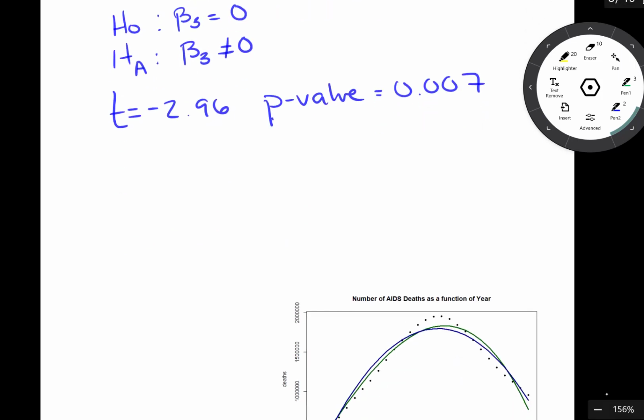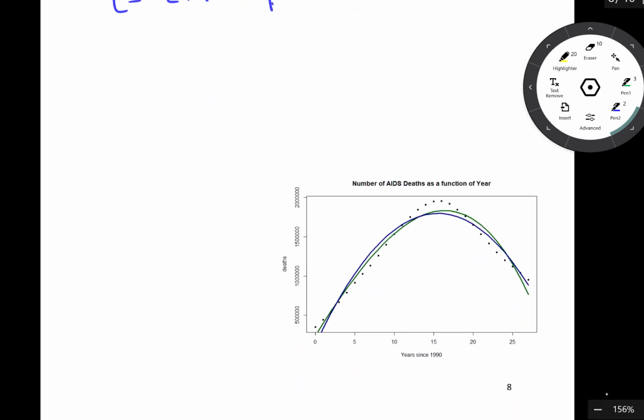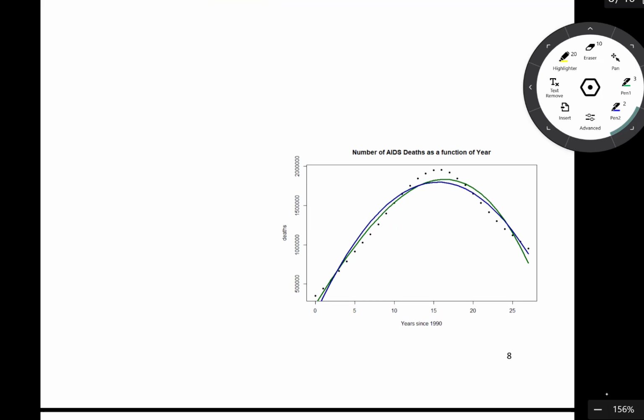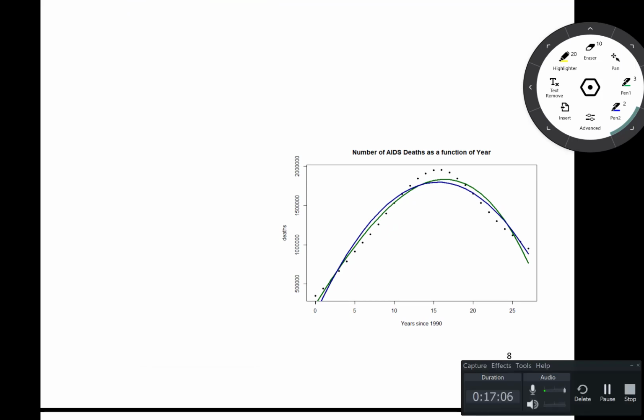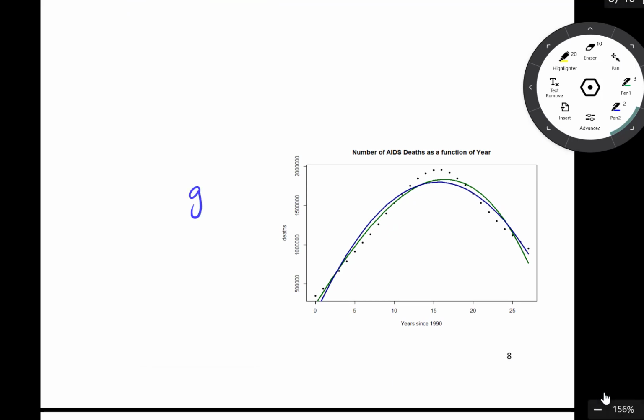Previously we fit a second-order model, and here we fit a third-order model. So let's look at this scatter plot down here and at that comparison. Here in the green, we have the third order model, and in the blue, we have the second order. We can see that visually, there's not very much difference.